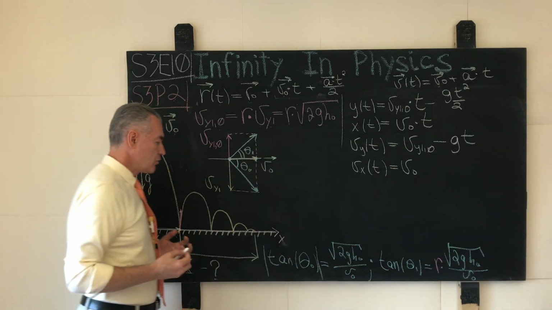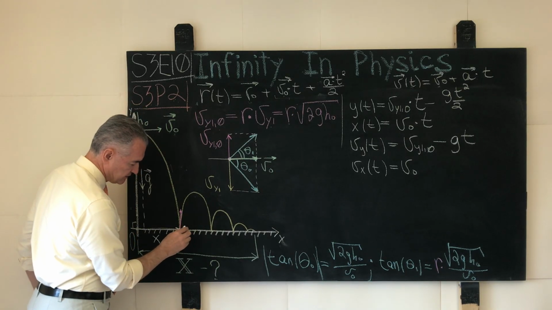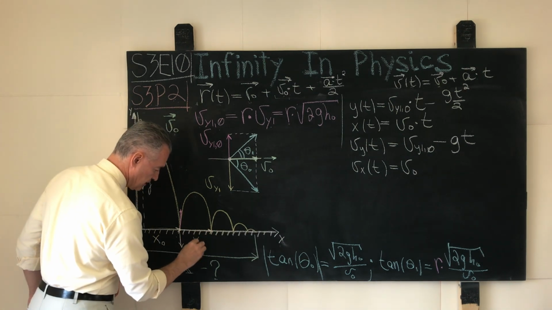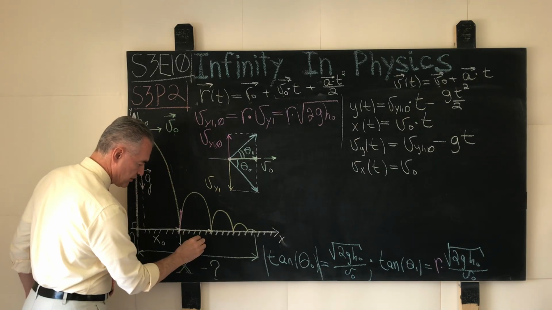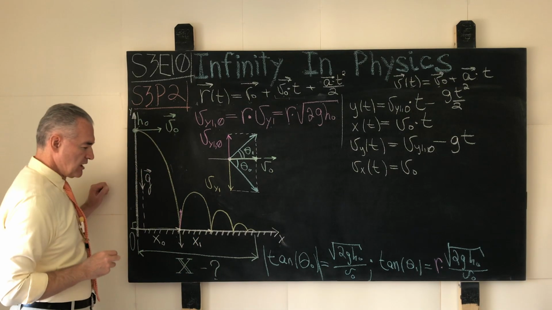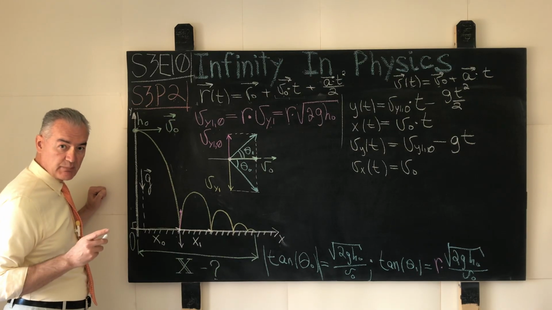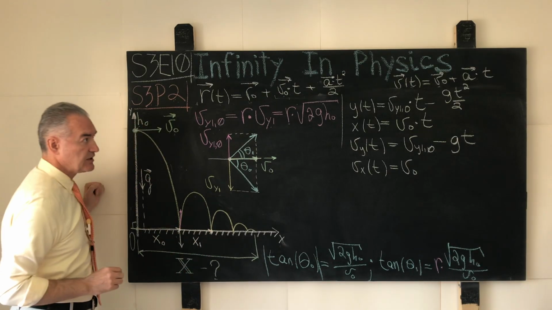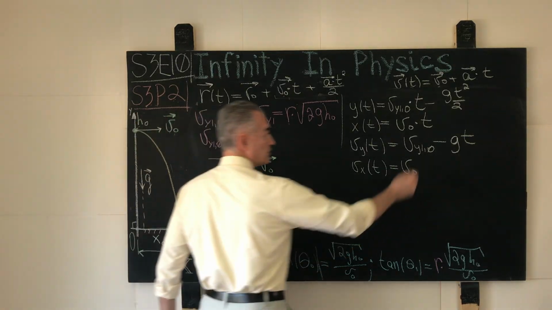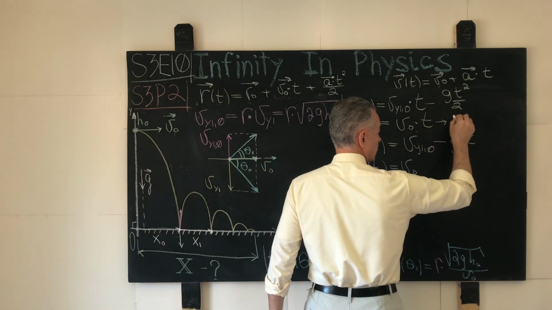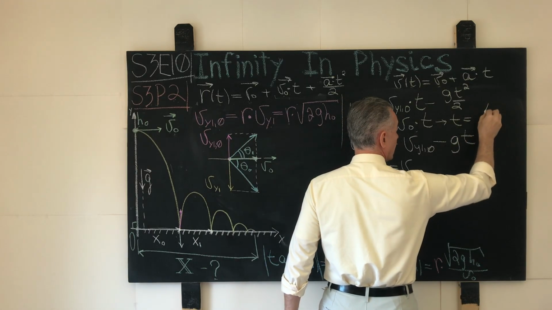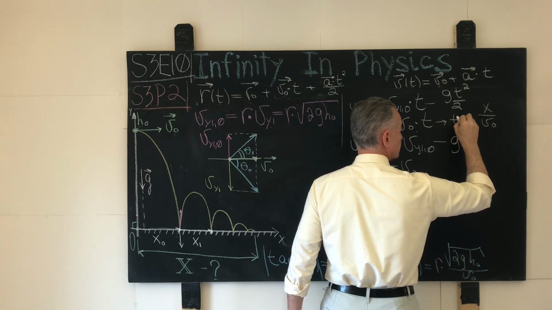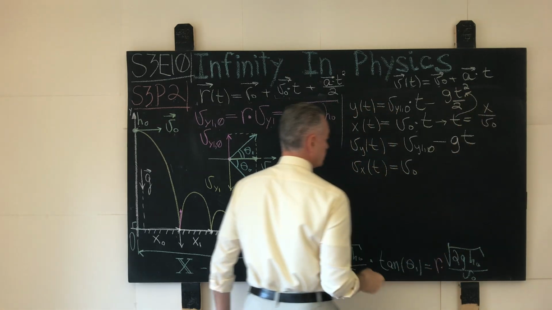What do we need? Our goal is to compute this distance right here. This distance, let's call it x1, or the distance that our chicken will travel after the first bounce, as it approaches the second bounce right here. How do we do it? Well, first of all, remember, if we say that t is equal to x over v0, and we put the result of t from here into here, then what will we have?